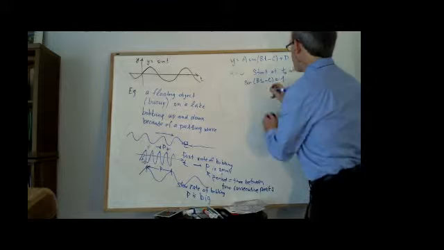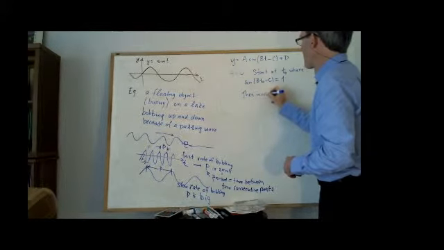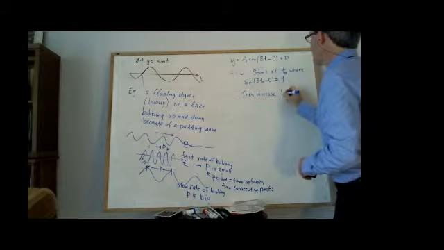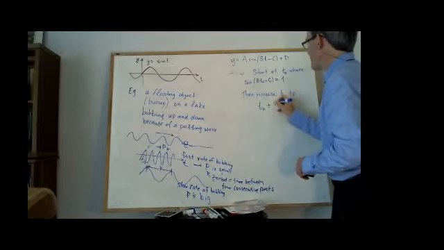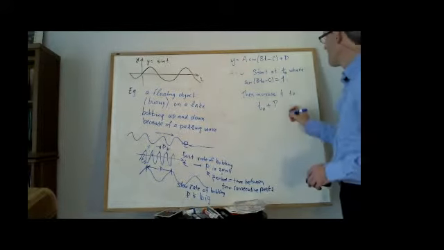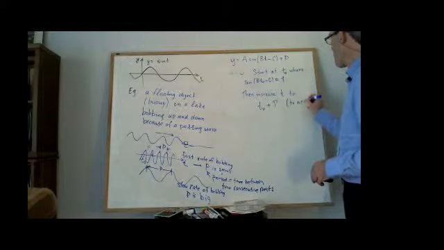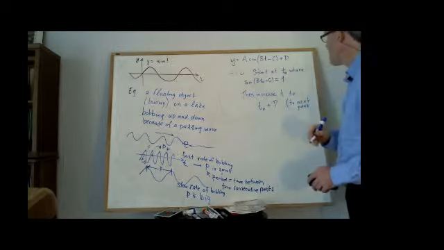Then increase t to t0 plus p. That's the next peak. How much does t have to change then by?